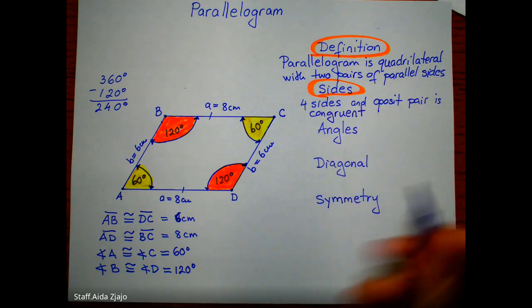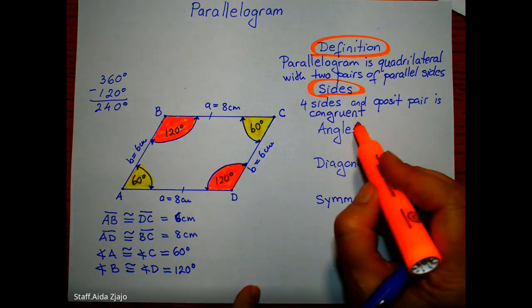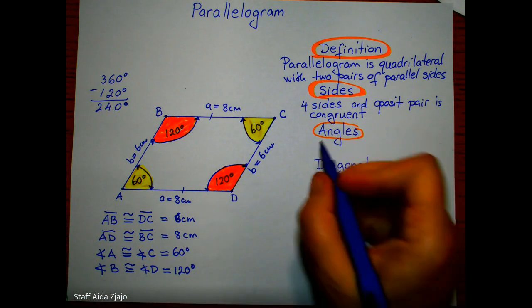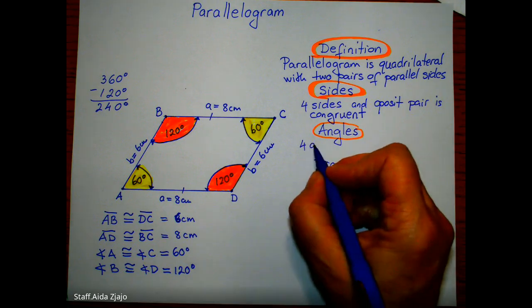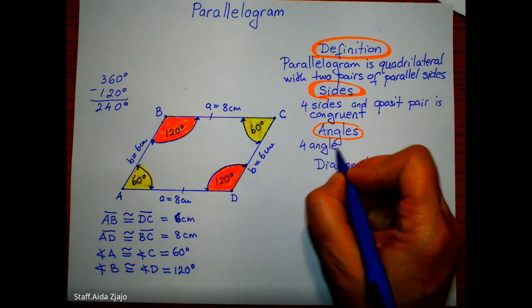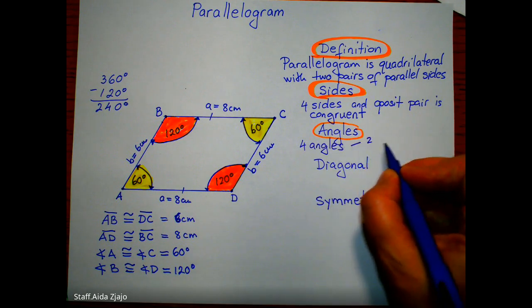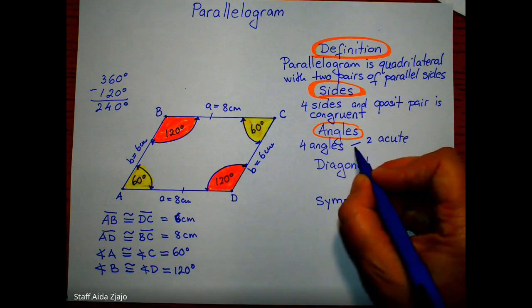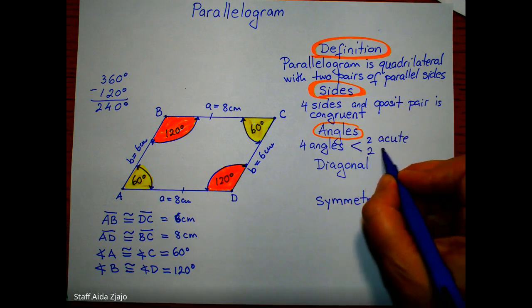When we talk about angles, a parallelogram has four angles: two acute and two obtuse.